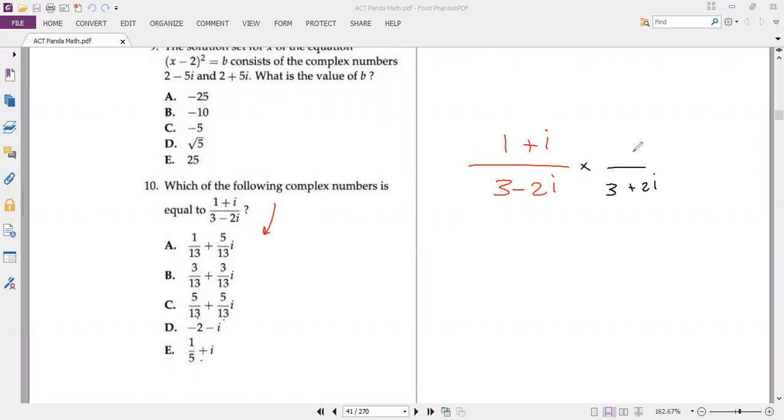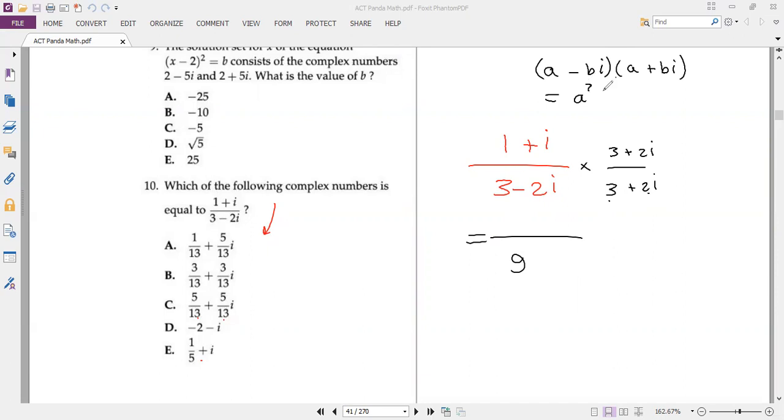So just take the conjugate of the denominator and multiply up and down. Up and down product. So 3 times 3 is 9, 2 times 2. This is the conjugate, by the way. Again, the conjugate, how it happened. Please keep it in your mind.